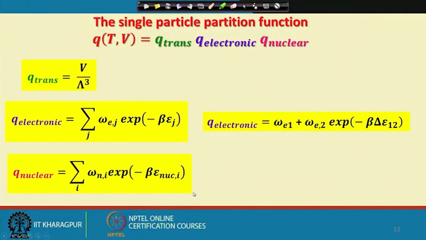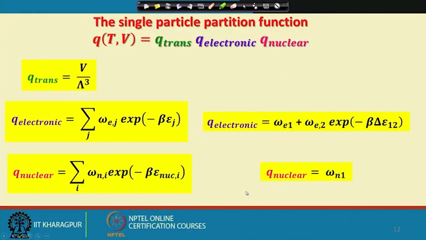Similarly, you can talk about the q nuclear, and once again, since the epsilon nuclear for different values are very high in magnitude, beta epsilon nuclear is also going to be very high in magnitude.